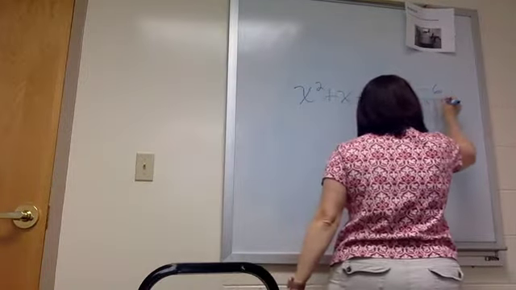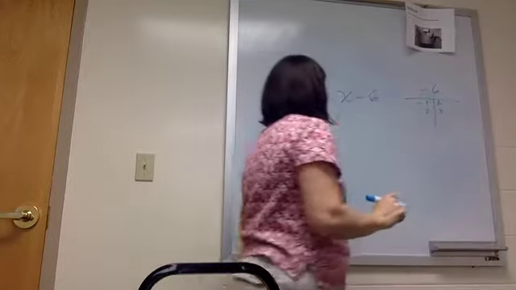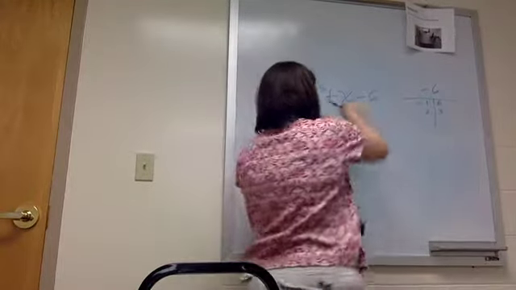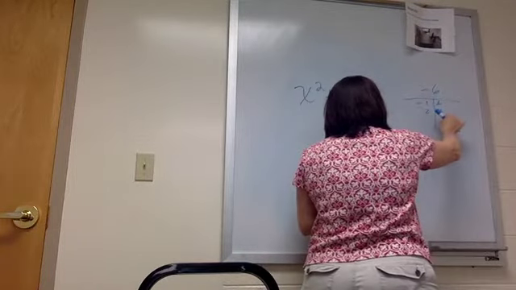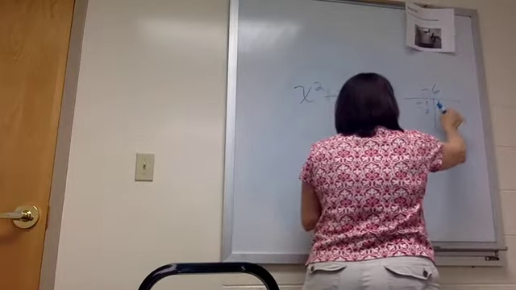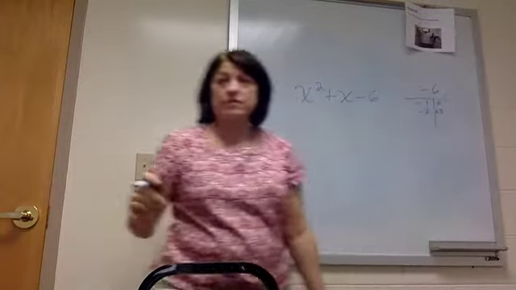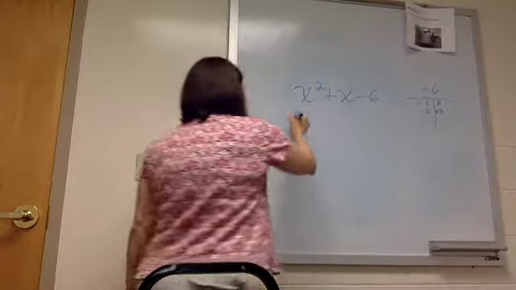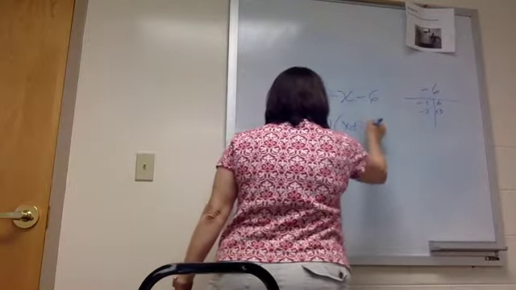There's 1 and 6, and 2 and 3. Positive 3 minus 2, yes. Because this is positive, the absolute value of the one that's furthest away from 0 is going to have to be positive, and the other negative. So it's x minus 2 times x plus 3. Does that make sense?